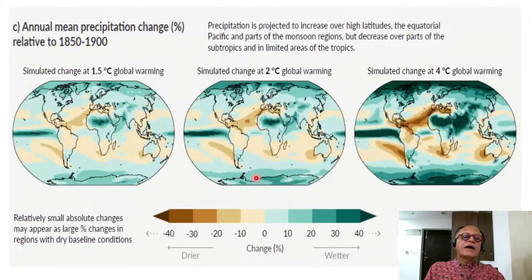Okay. Annual mean precipitation we have already seen relative to 1850 to 1900. We have talked about potential increase in rainfall over parts of Sahel, Sahara, over the oceans, Middle East, monsoon regions, and so on. And we have also talked about increase in rain-dominated precipitation as opposed to snow-dominated precipitation over the Arctic, for example.